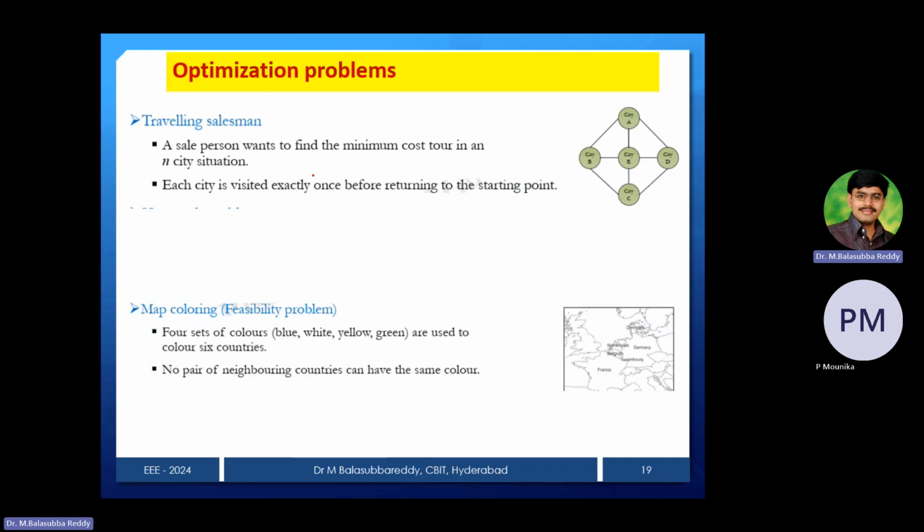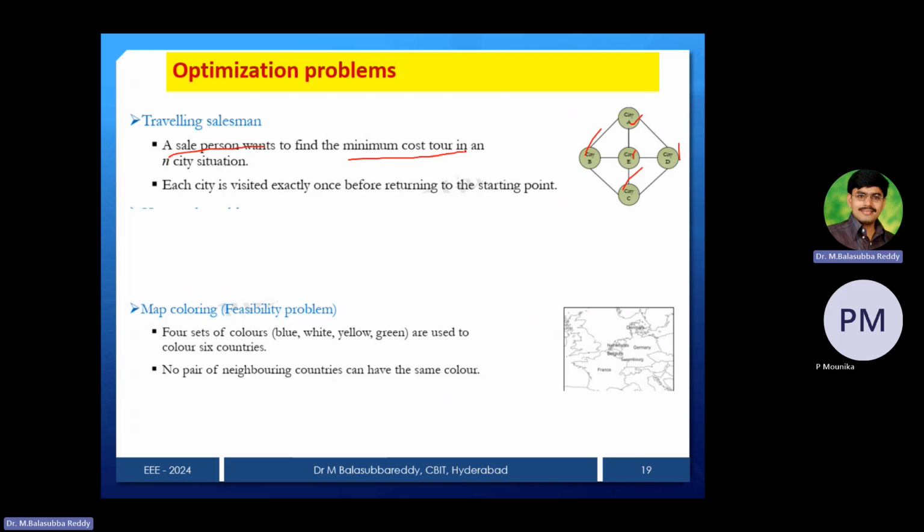Now, optimization problem means, before going to numerical, the objective function. Now we can understand an optimization problem through the traveling salesman problem. Let us do that. There are some cities, A, B, C, D, E, five cities. The salesperson wants to find the minimum cost route.